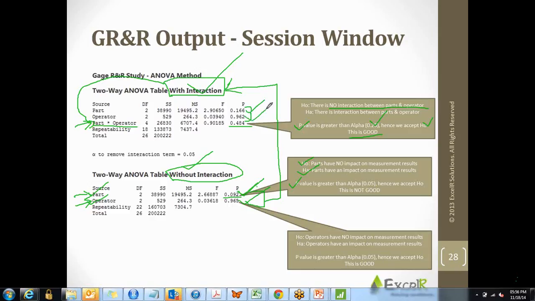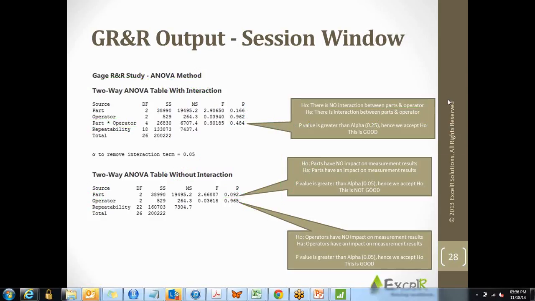I can do it, but for now I'm not really concerned about these two. I'm concerned only about the interaction effect. Just stay with me on this. Since it is with interaction, I'm looking only at part operator, right? And here it is without interaction, so I'm looking into individual things. How is part contributing and how are operators contributing?